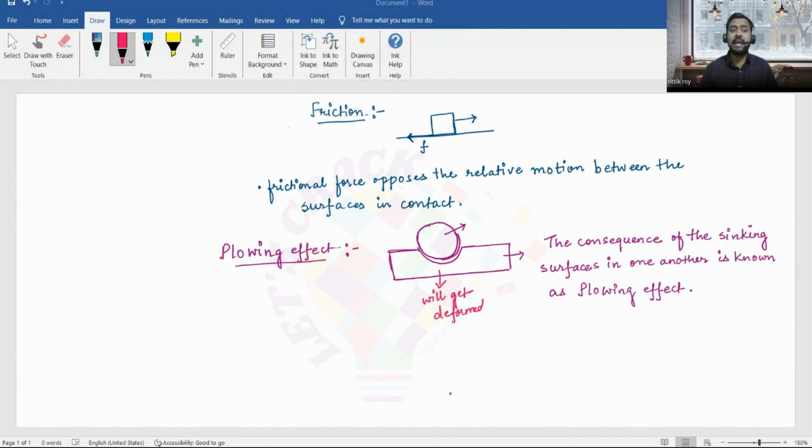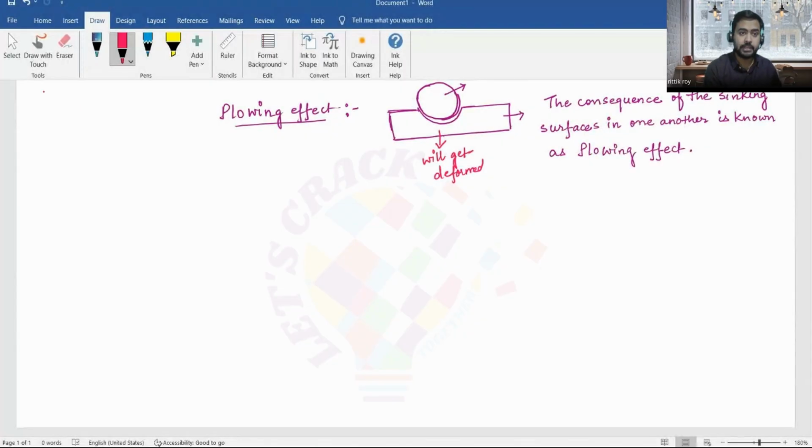Now the question that comes up is, what does friction depend on? Friction depends on two factors. Number one, the nature of the surfaces in contact.